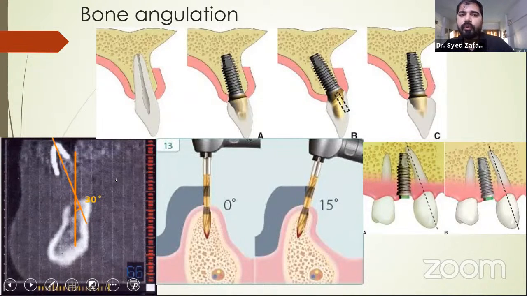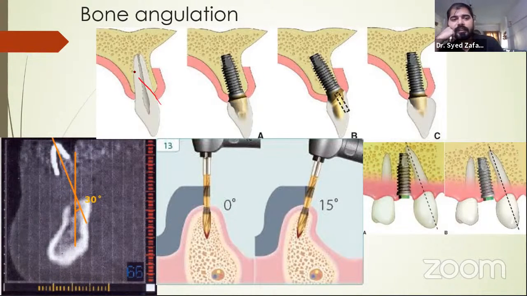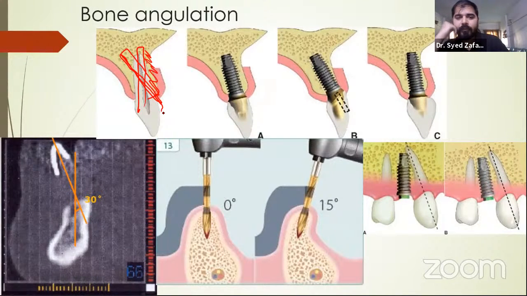One more thing, you should know the bone shape and bone angulation. If you have extracted the tooth like this, the first drilling should be like this, so the implant can be placed like this. If you place the implant like this, there will be bone perforation, as I have shown you in the picture. Always place the implant in a straight position. But if there is an anatomical variation, if the adjacent tooth is displaced, you should know.